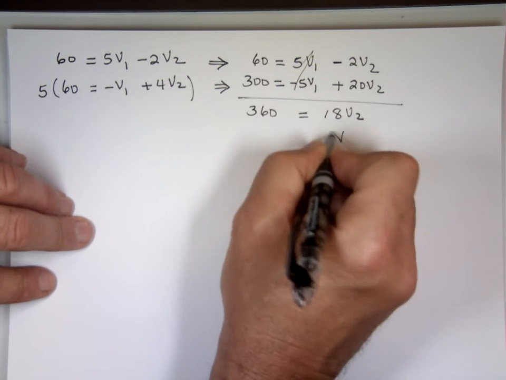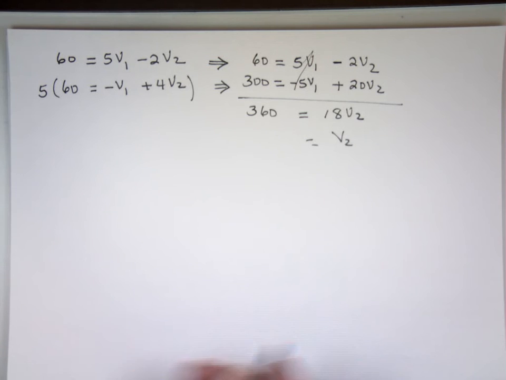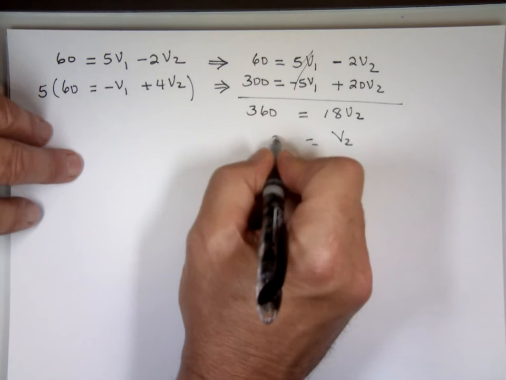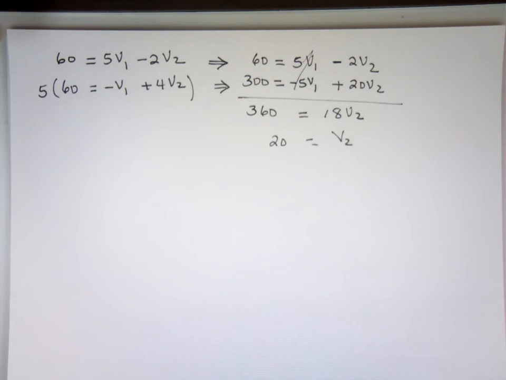V2 is going to be, what's 360 by 18? Is that 20? I found V2.